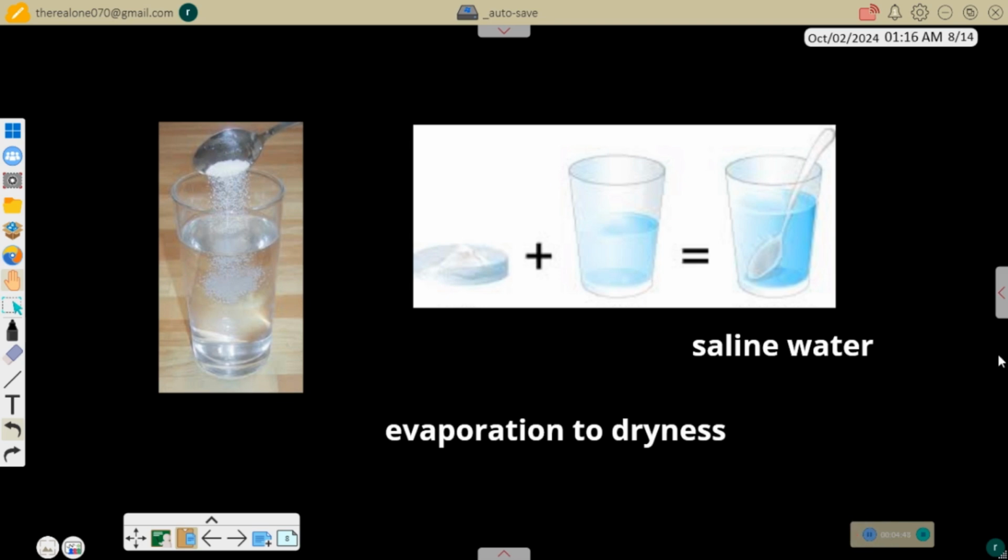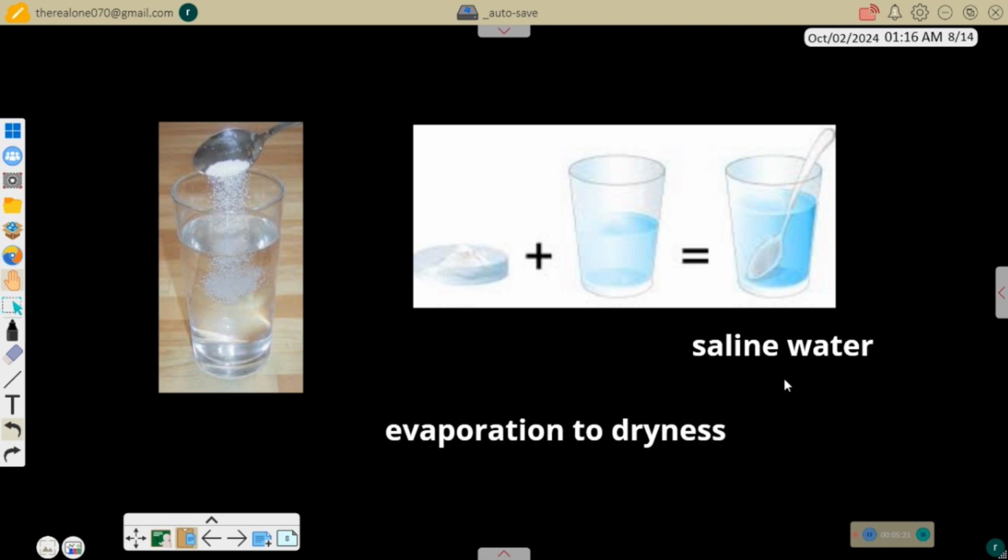Consider the solution of salt and water. You know that mass is the quantity of matter present in the body. Now, the water has its own mass and the salt also has its own mass. If you mix the two together, the total mass will just be the sum of the mass of the salt and the water. Assuming the original mass of the water is 5 kilograms and the salt is 2 kilograms, the combination of the two will give us 7 kilograms.